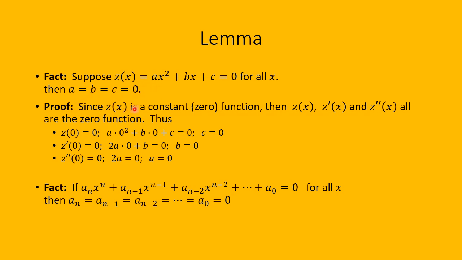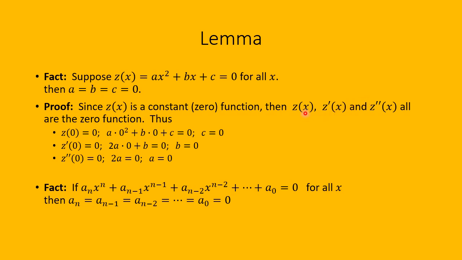Since z of x is a constant function, especially a zero function, then z of x, z prime of x, and z double prime of x all are zero functions. Remember that the derivative of a constant function is 0, and so that's why z prime and z double prime are zero functions also.